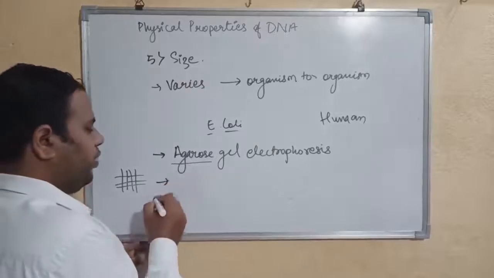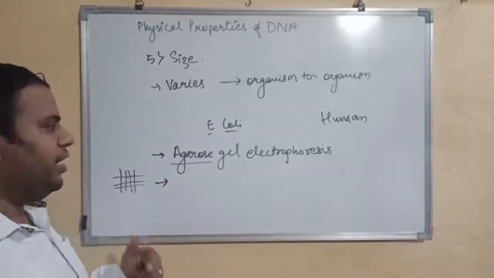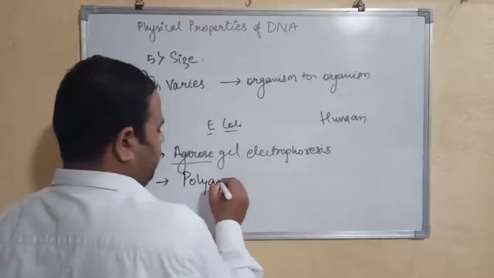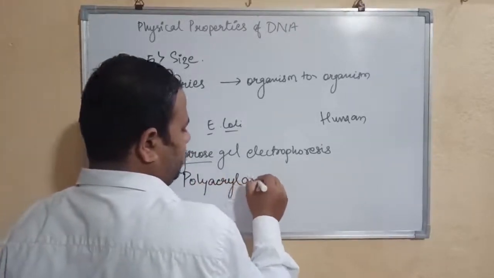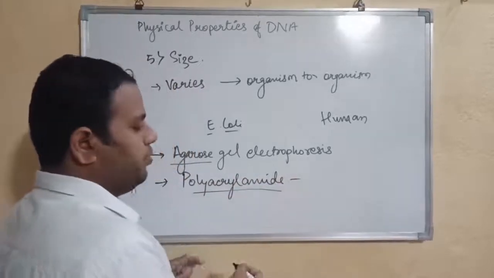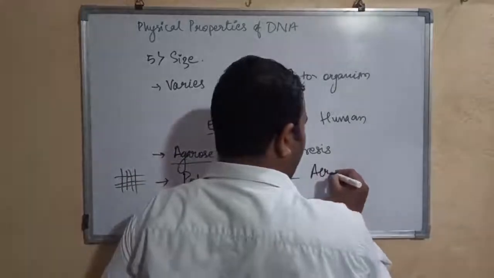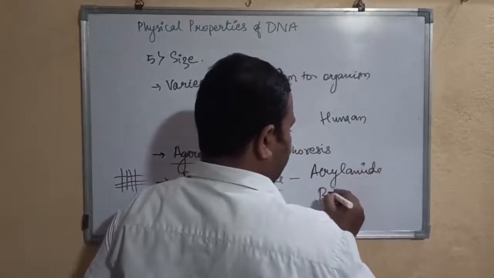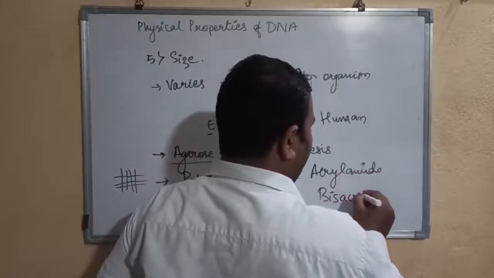The second way you can separate the DNA based on size is polyacrylamide gel. Here also, this is a polymer which is made up from acrylamide and bisacrylamide. There is a cross linking of bisacrylamide.